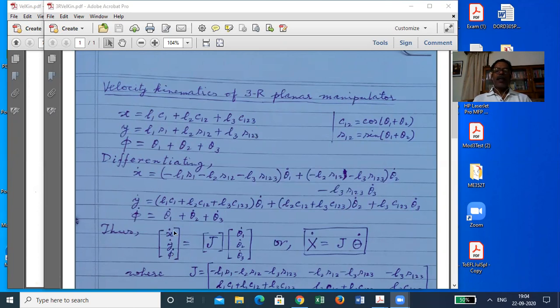And taking the task space coordinates x, y, phi as the vector capital X, and the joint space coordinates theta 1, theta 2, theta 3 as the vector capital Theta, their derivatives are then related through this linear transformation, the Jacobian, something that we derived there. Now, notice how you could fill the Jacobian matrix directly for this example without differentiating.